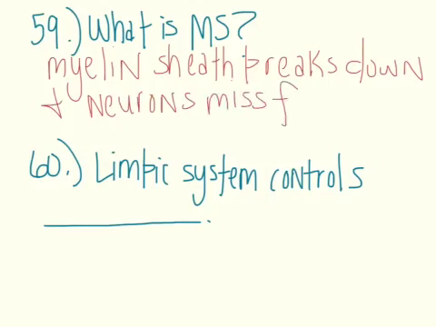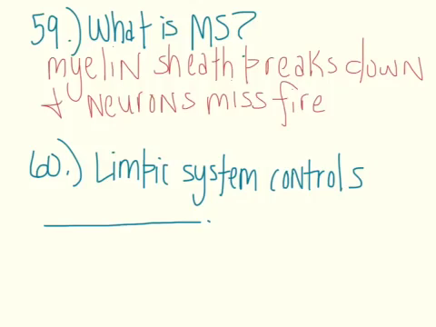So this is a neurological disorder, multiple sclerosis, and the myelin sheath on the axon starts to break down, and so the messages kind of go all over the place. It messes with someone's coordination and ability for different types of sensation.